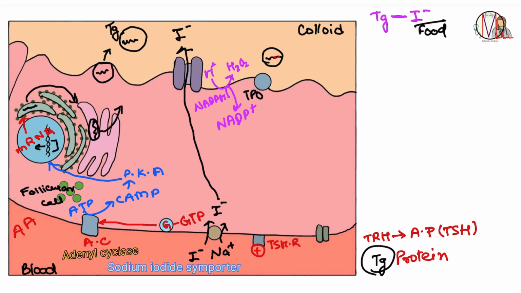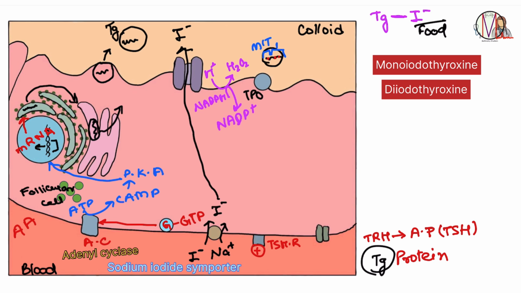How will we know whether this thyroid hormone formed here is T3 or T4? Well, it all depends on the attachment of thyroglobulin and this iodine. If while iodination, TPO, that is this thyroid peroxidase, attaches one iodine to the thyroglobulin residue, it forms MIT, that is monoiodotyrosine. And if it attaches two iodines to the thyroglobulin residue, it forms DIT, that is diiodotyrosine.